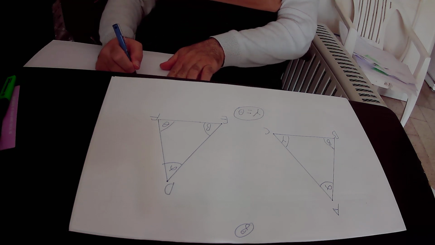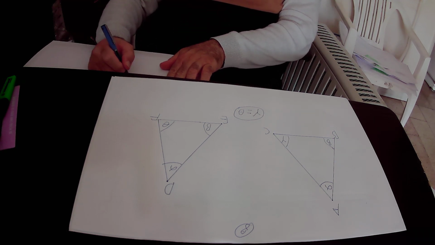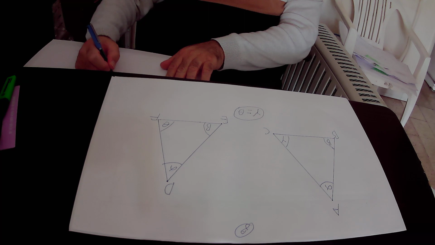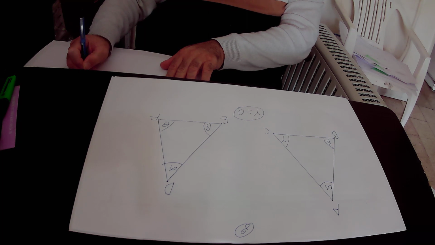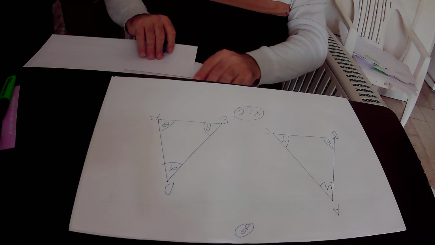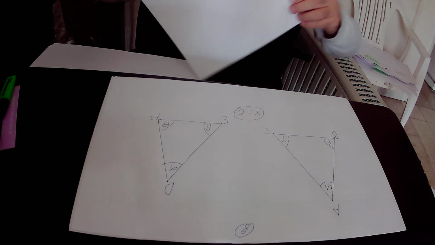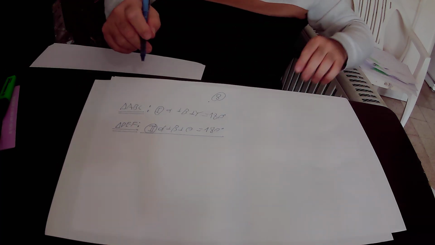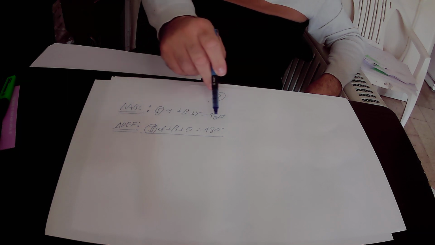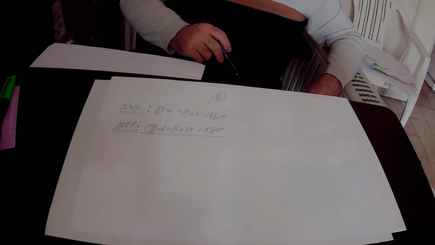So that is to say, alpha plus beta plus theta must be equal to 180 degrees. I will repeat again. In triangle DEF, the sum of its angles must be equal to 180 degrees. That is to say, alpha plus beta plus theta equals 180 degrees.